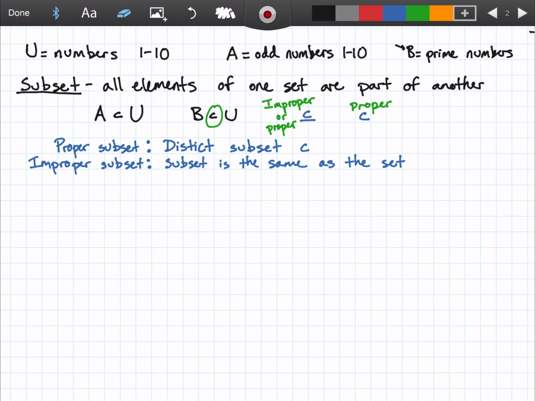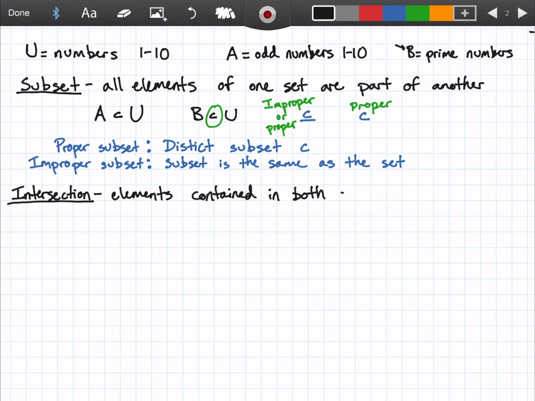Okay, next up, an intersection. And this is going to be elements contained in both sets.